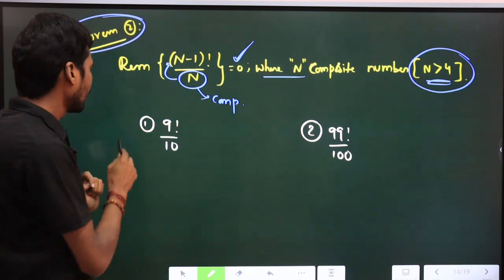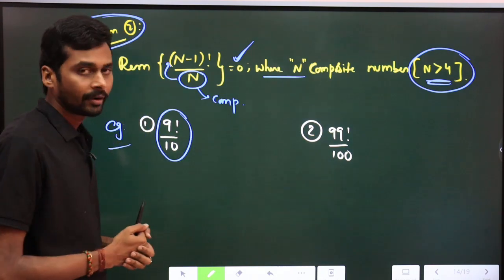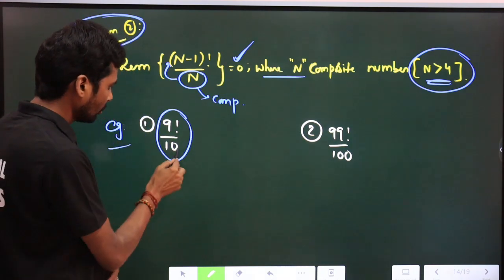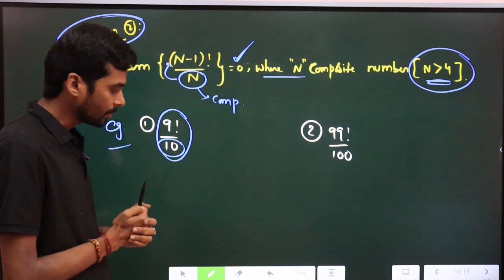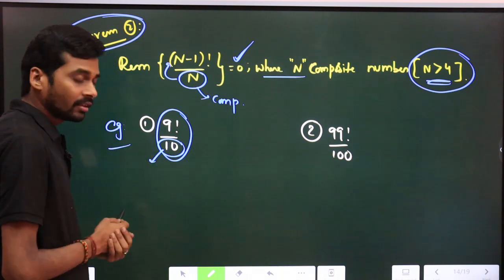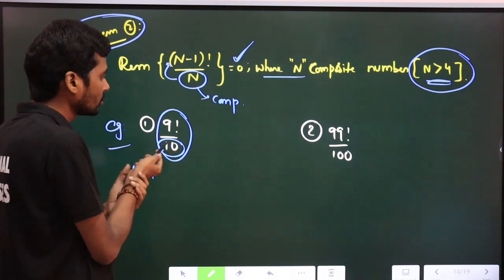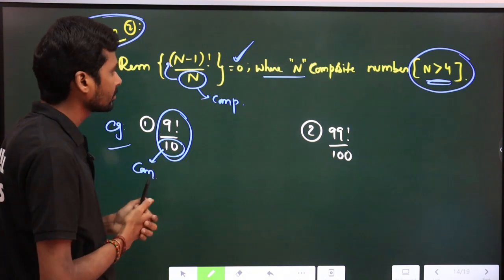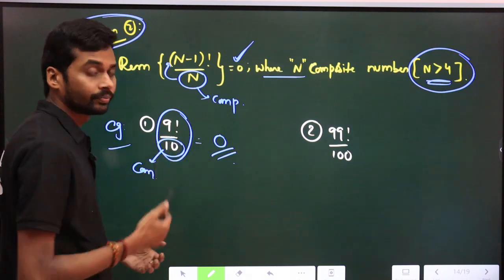Here, for example, what is the remainder when 9 factorial is divided by 10? First have a look at the denominator. This 10 is a composite number. The numerator is 1 less than the denominator. So 9 factorial by 10, what remainder do we get? Immediately the answer is 0.